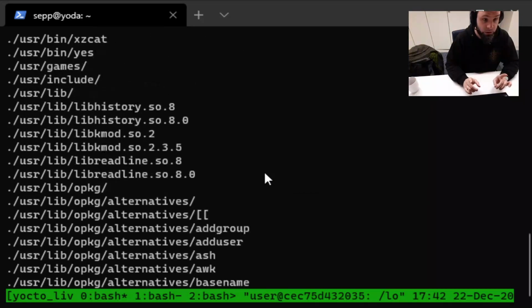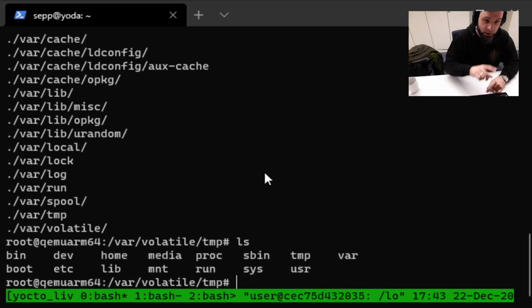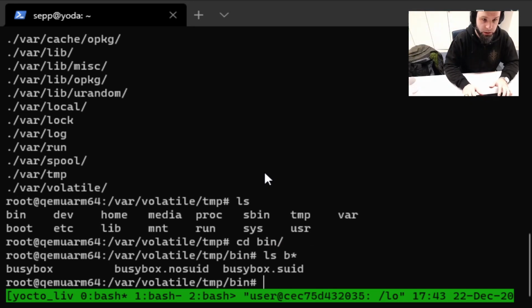That seems to work. So if I'm looking at temp, I have a complete file system here right now. cd bin, ls, and there is no bc. Okay, obviously the dependency chain did not work as expected.